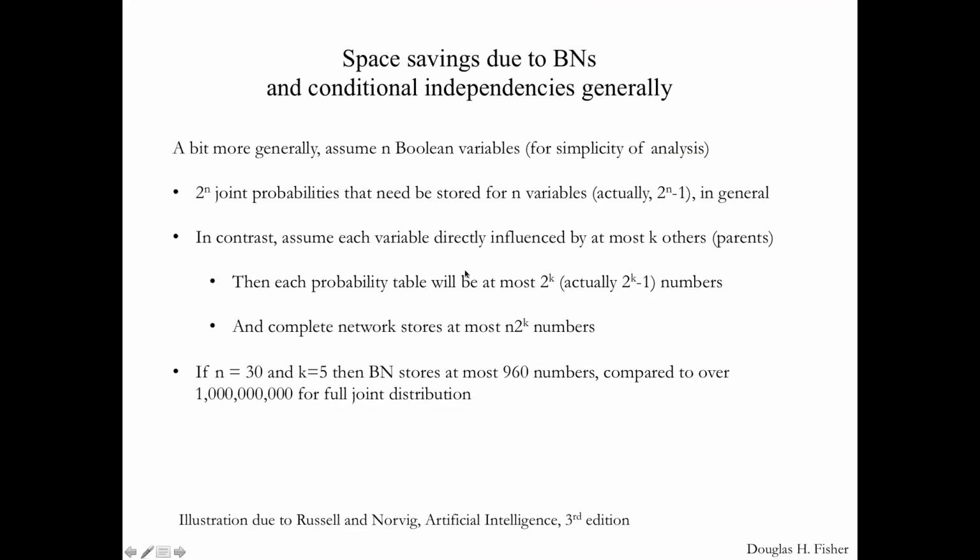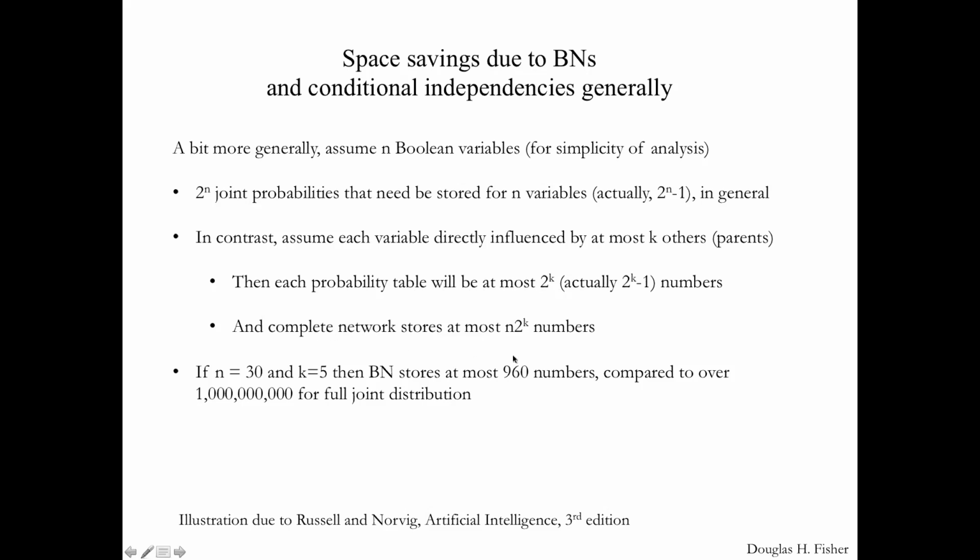But let's say that each of those variables is directly influenced by only k parents in a Bayesian network representing the situation. Then each probability table will have at most 2 to the k assignments. They're going to be conditional probabilities: the probability of each value assignment of the node given the 2 to the k possible patterns that condition it.